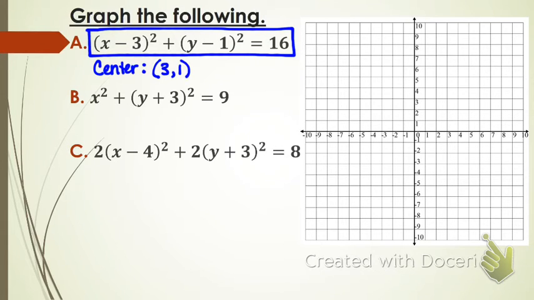Take each of the parentheses, set them equal to 0, so I'd have to add 3 to both sides and add 1 to both sides to get the actual value. So I'm going to go plot that point. (3, 1). There's the center. What is the radius for this circle? 4. Because we would take the square root of 16, and that's how we get this.